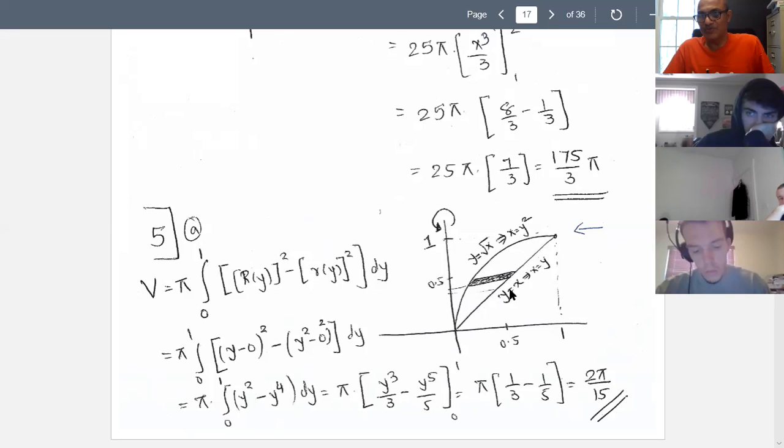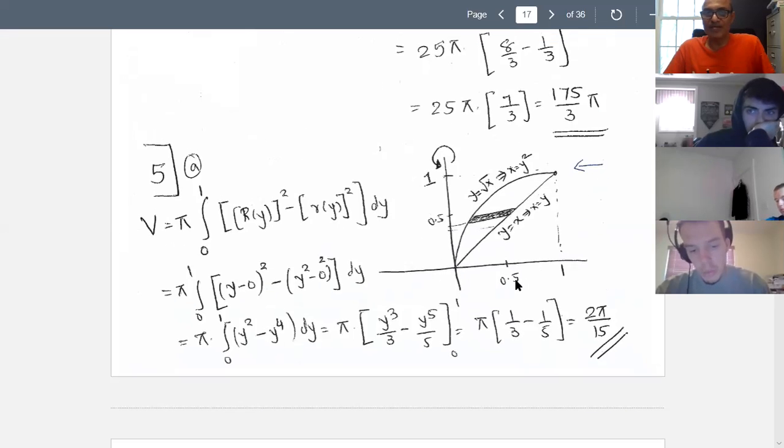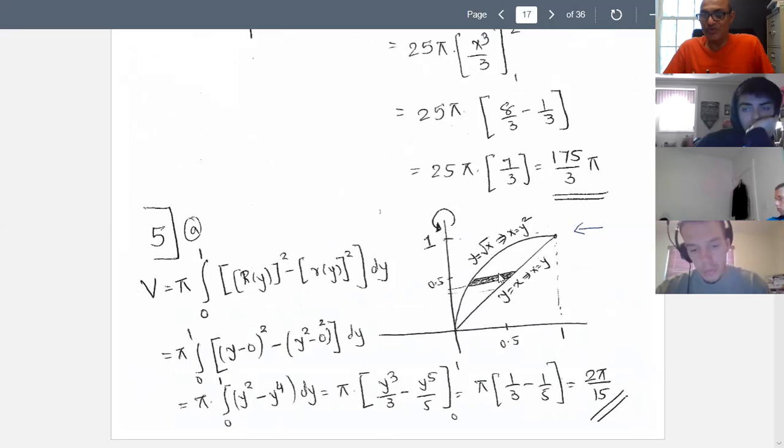If you equate these two, y equal to root x and y equal to x, so x minus root x equal to 0, right? Or you can take a square, whatever you want, and you're going to get the points of intersection 0, 0 and 1, 1. Now look here, guys: what is your axis of revolution?